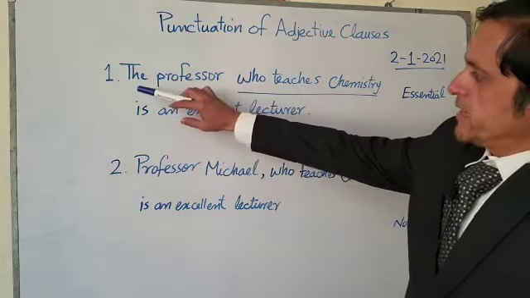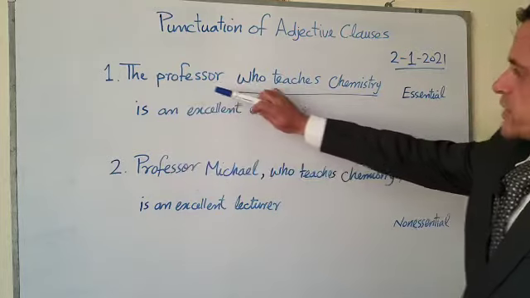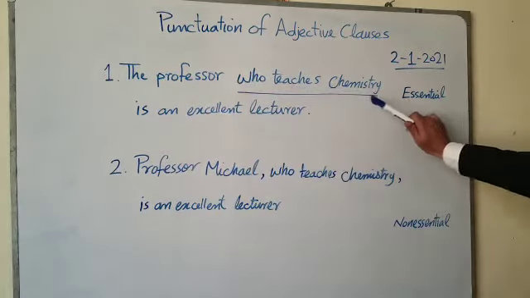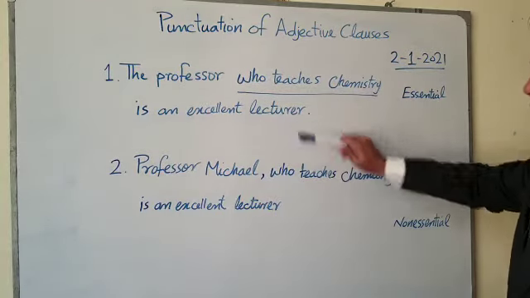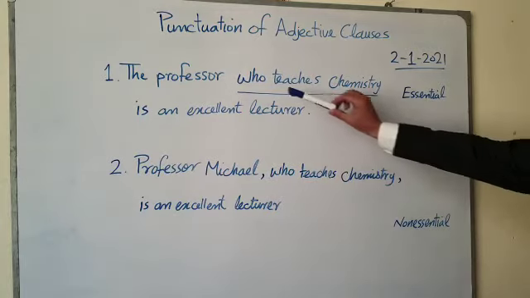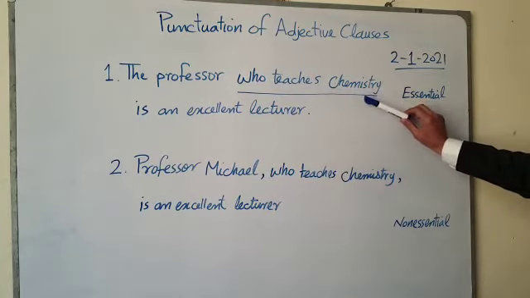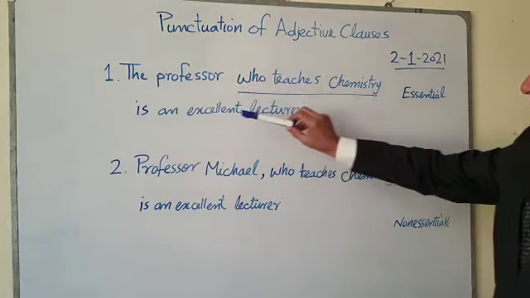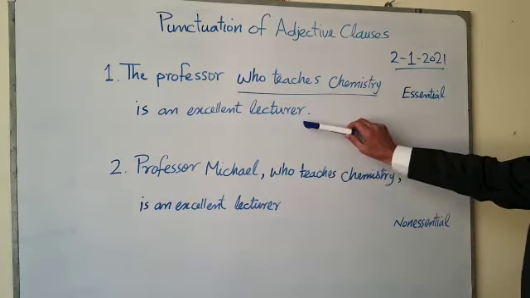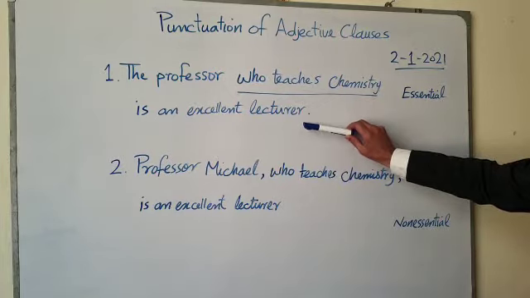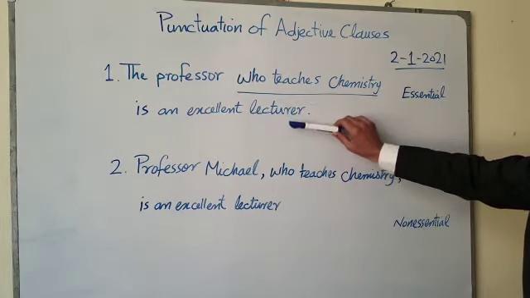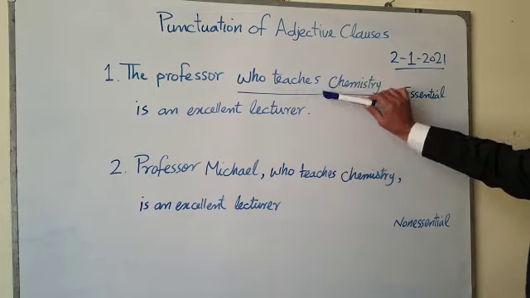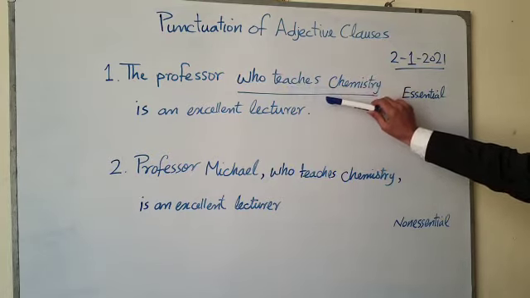So here, number 1, the professor who teaches chemistry is an excellent lecturer. Now here, who teaches chemistry is an adjective clause. The professor is an excellent lecturer is another clause, an independent clause, while this is an adjective clause, a dependent clause.